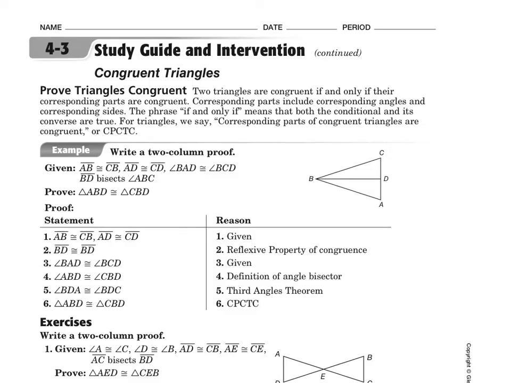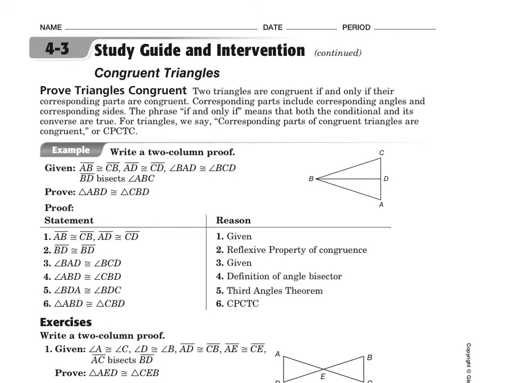On the next side, this is where it got a little tricky because we have to do some proofs for congruent triangles. It also tells us that 2 triangles are congruent if and only if their corresponding parts are congruent. Corresponding parts include corresponding angles and corresponding sides. The phrase if and only if means that it goes basically both directions.